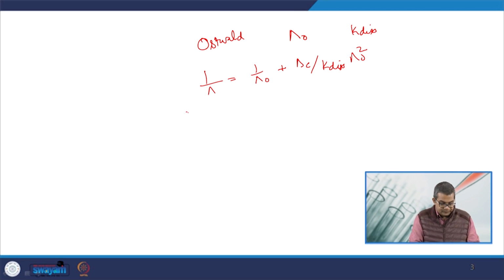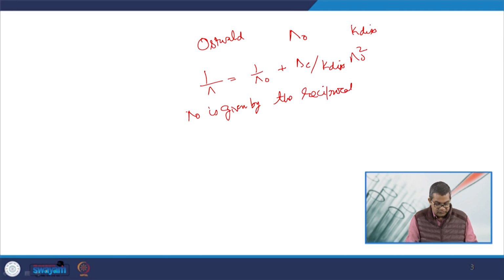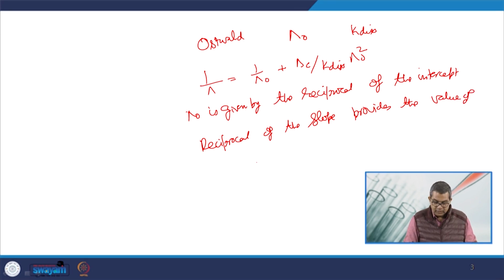Thus the limiting conductance is given by the reciprocal of the intercept, whereas the reciprocal of the slope provides the value of K dissociation times the limiting conductance squared, from which K dissociation may be computed.